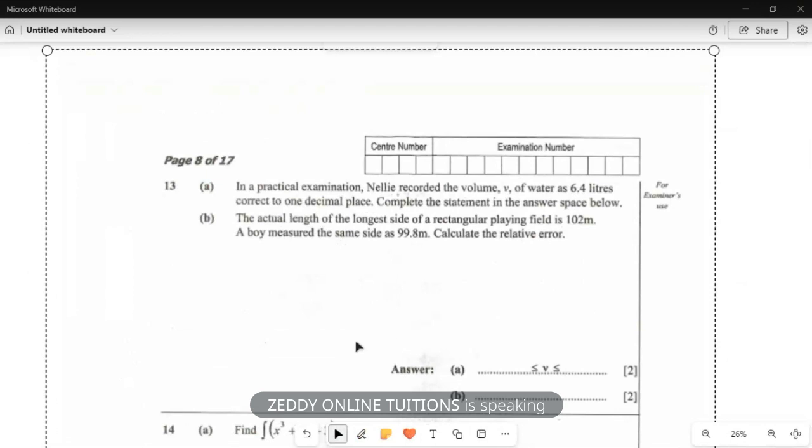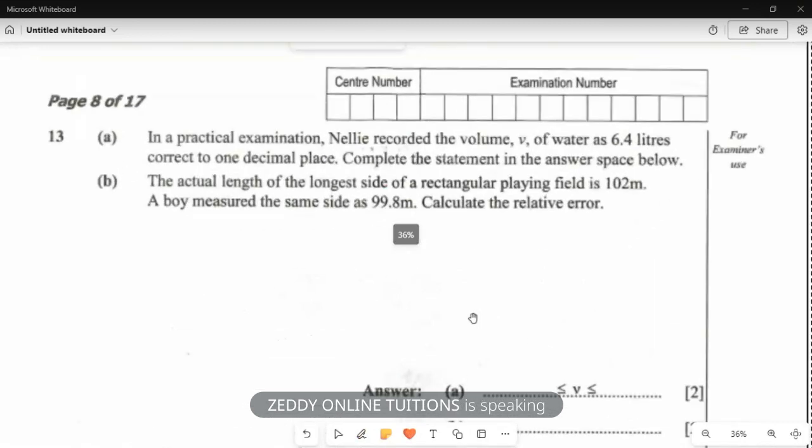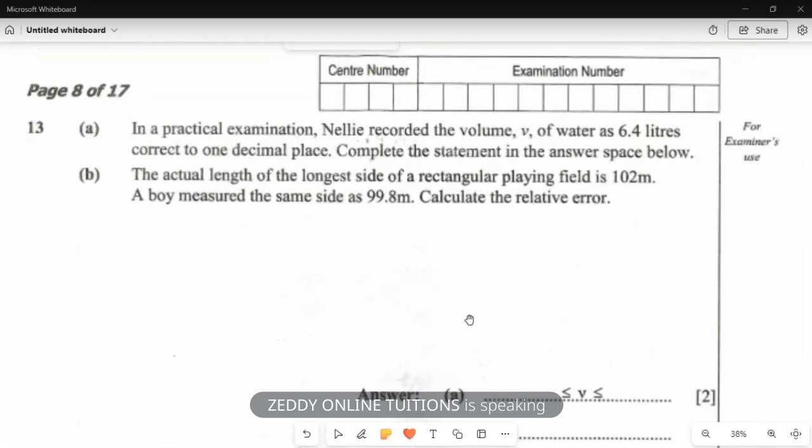We are supposed to find the absolute error, and that is what we are going to add to this and subtract from this to get the two bounds. Have you understood? This comes from the topic approximation. So if you've never dealt with something like this, here's a chance for you to learn something.